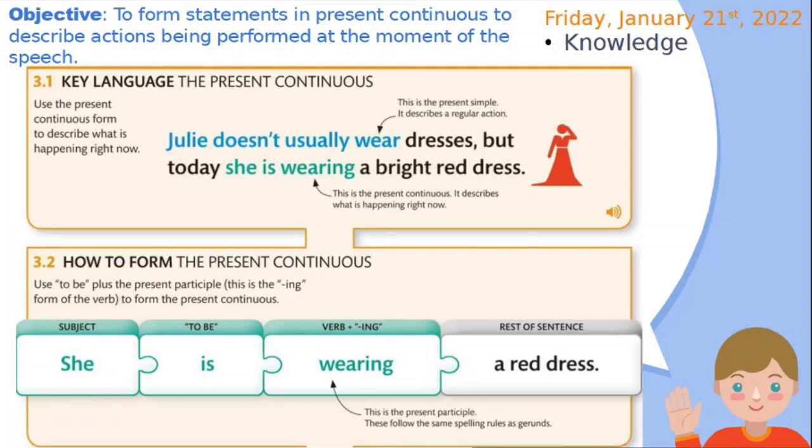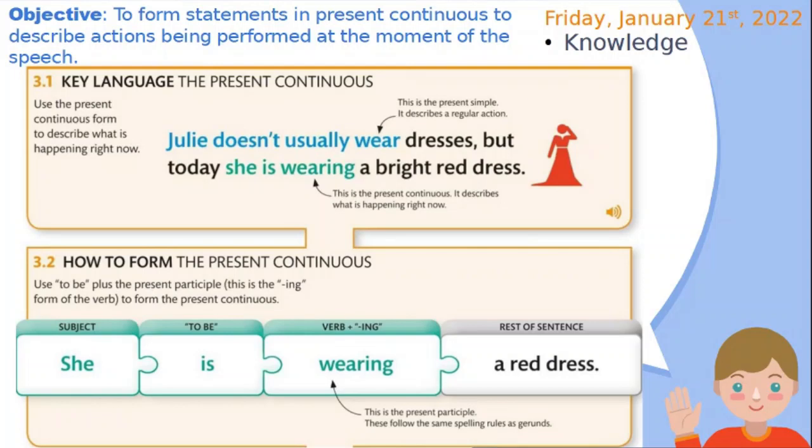Let's observe the first example we have here. In this case, the first sentence is in the present simple because it says something about a habit. So Julie doesn't usually wear dresses, but today she is wearing a bright red dress.